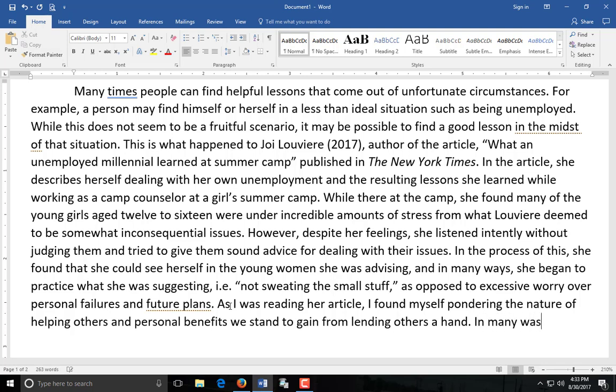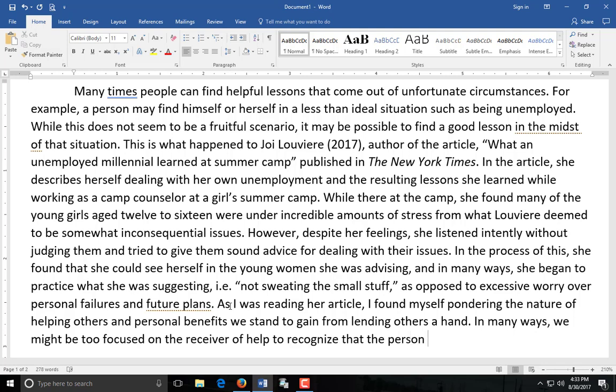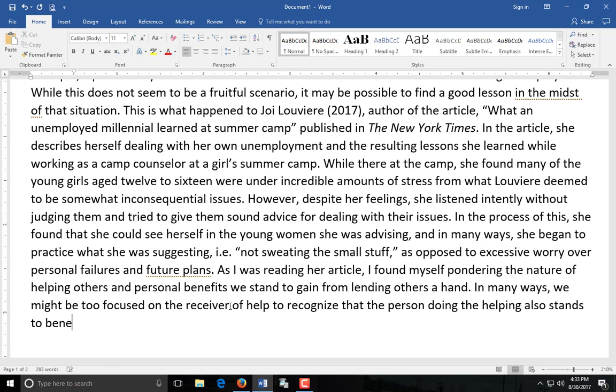In many ways, we might be too focused on the receiver of help to recognize that the person doing the helping also stands to benefit a great deal.